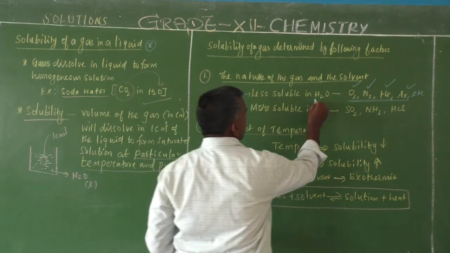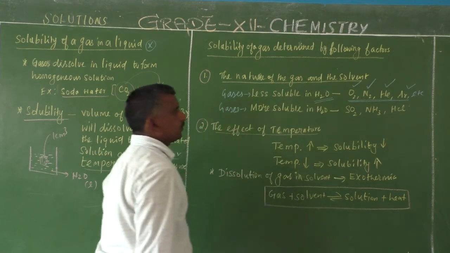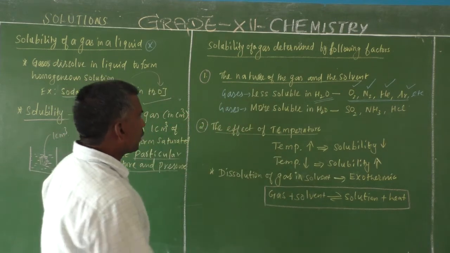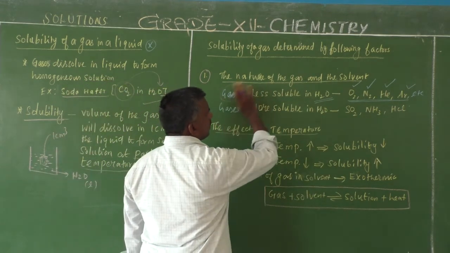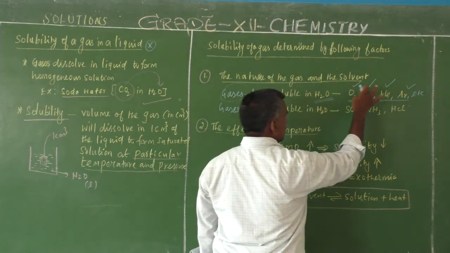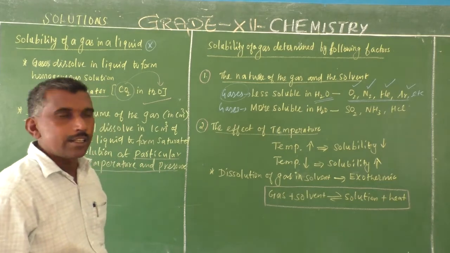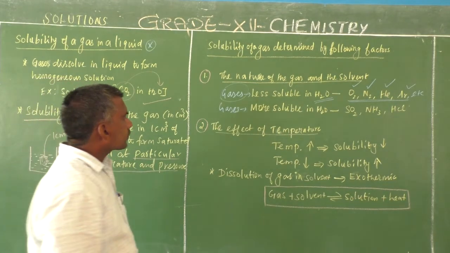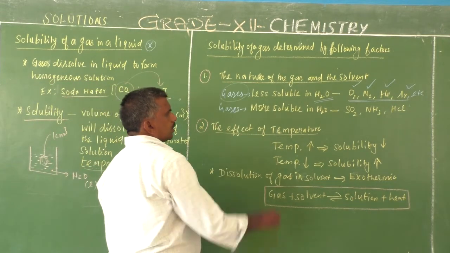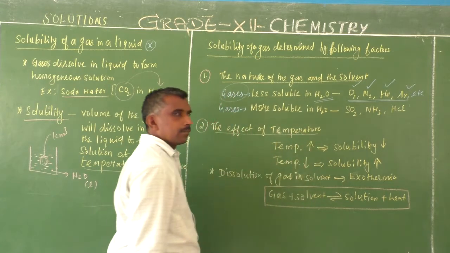Here the solvent is water and the solute is gas. This is less solubility. Now, the gases that are more soluble in water, in maximum amount.